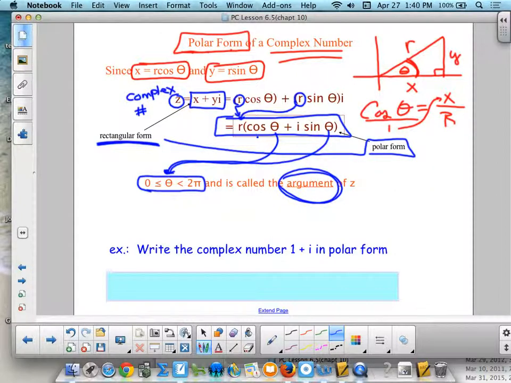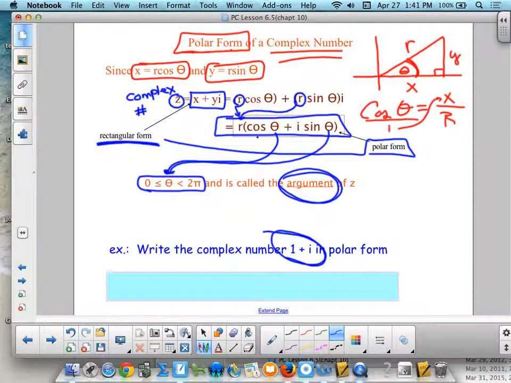It's the argument, and all that means is you can't just assume you know the angle. You have to remember, sometimes the angle's in the first quadrant, second, third, fourth quadrant. We have to decide which quadrant it's in. All right, here's your first problem. Write the complex number 1 plus i in what form?